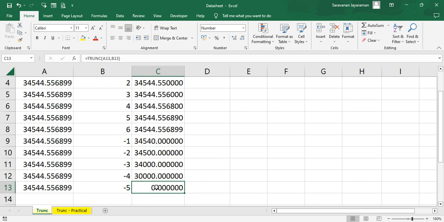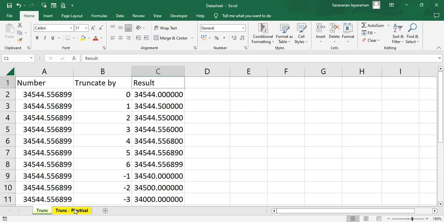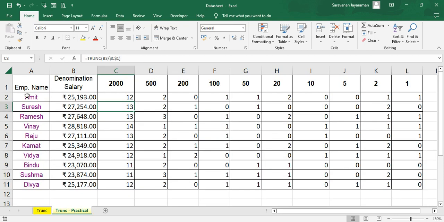Now we'll see a practical use of truncate, where we can use it and how. Here I have this example. Here are the employees and here are the salaries.